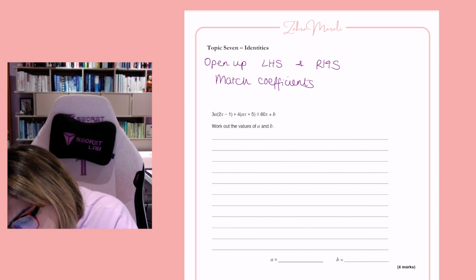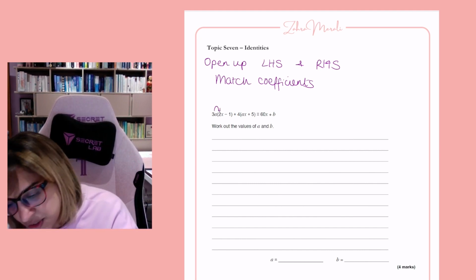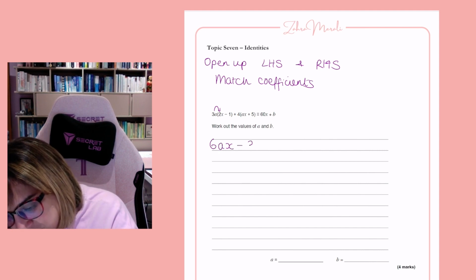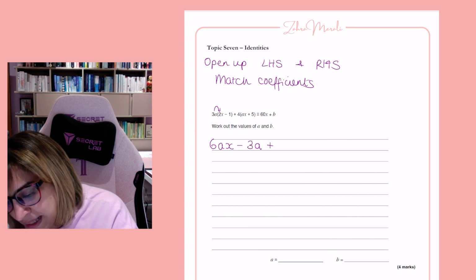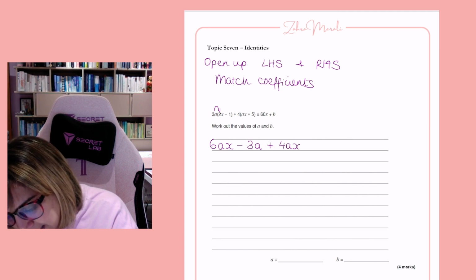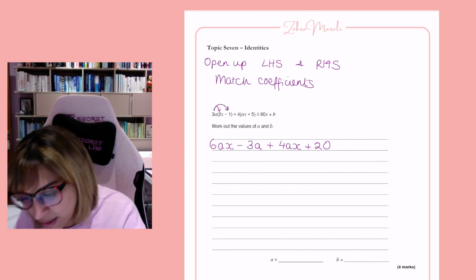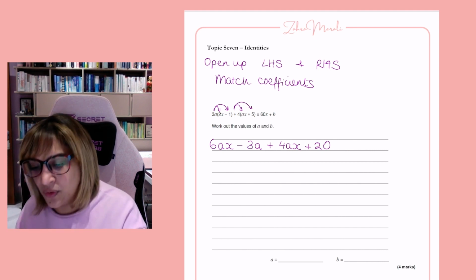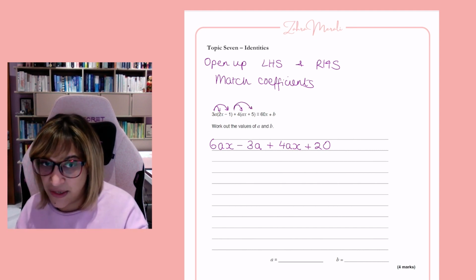So when we do that, we get 3a times 2x, so 6ax minus 3a plus 4ax plus 20. So I've done 3a times 2x, 3a times minus 1, plus 4 times ax, plus 4 times 5.